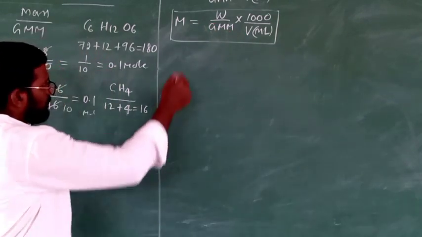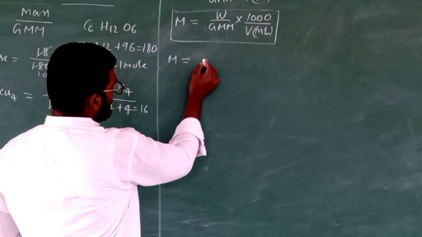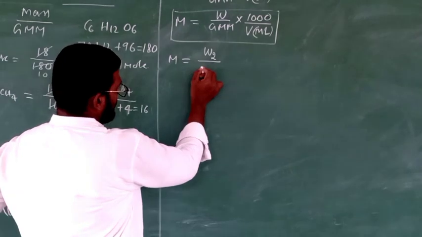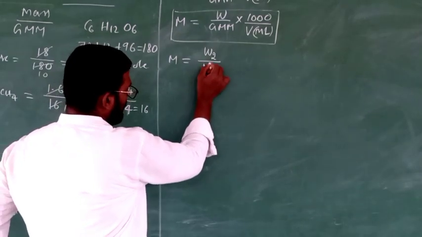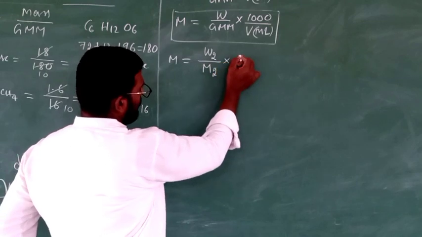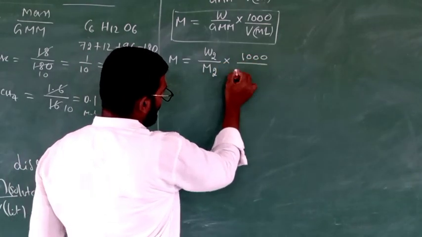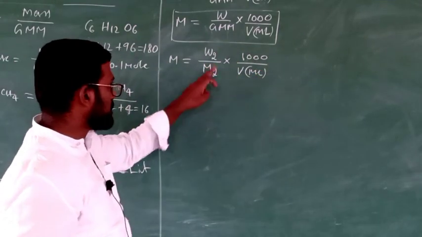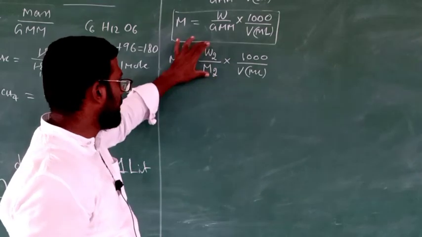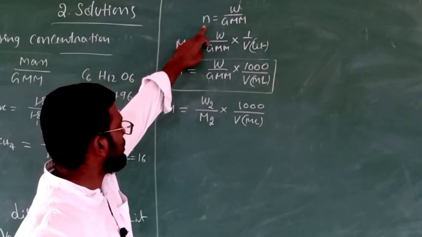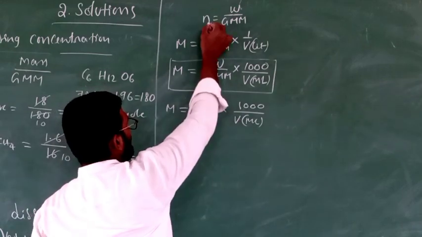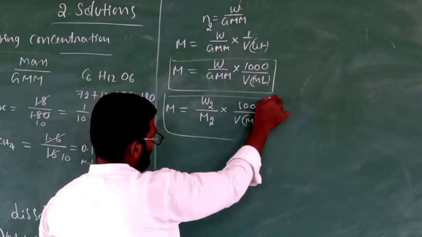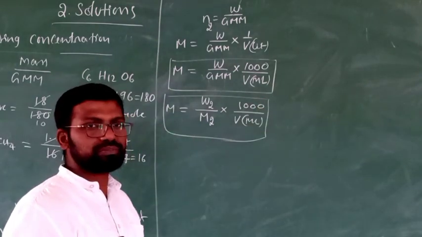Sometimes I can also write molarity is equal to W2 by M2 into 1000 by volume of the solution in milliliters. Here 2 represents solute. Mass by gram molar mass is nothing but number of moles, so number of moles of solute n2 is equal to W2 by M2. You can remember this also.